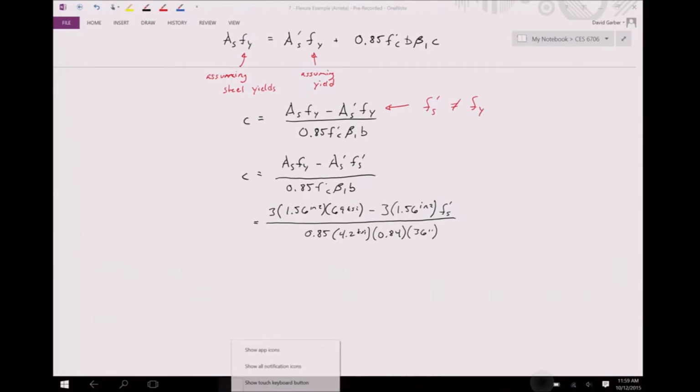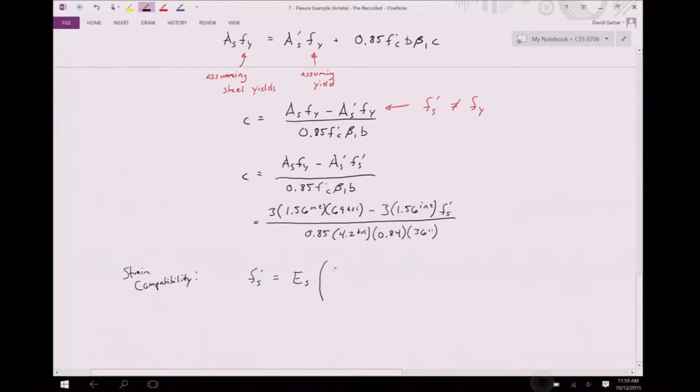So using strain compatibility, we can find that our fs' is equal to Es, our modulus of the steel, times c minus d' over c times 0.003.